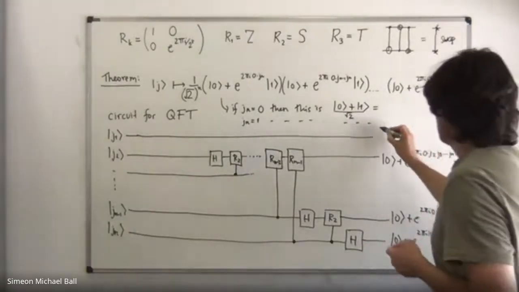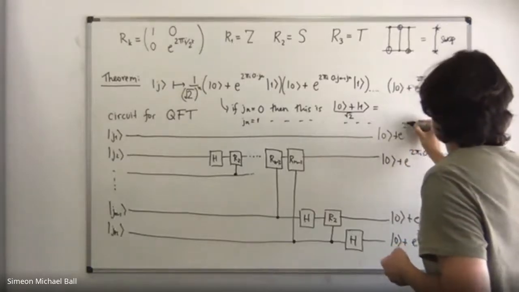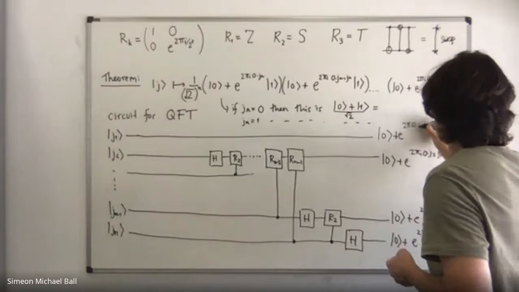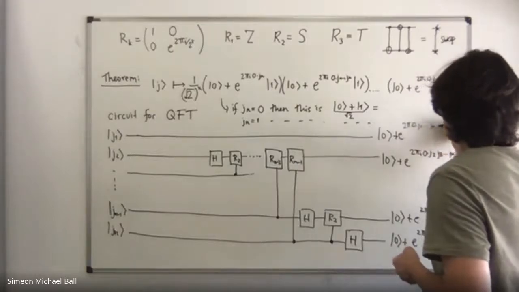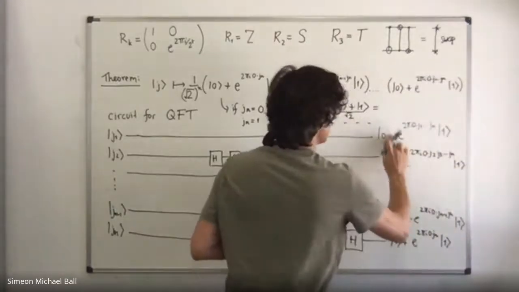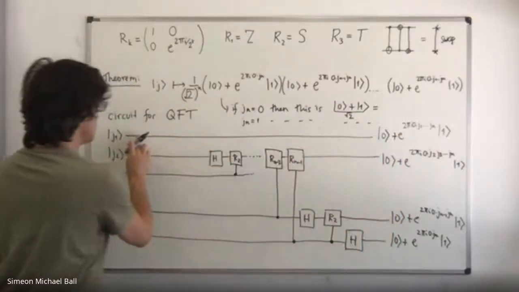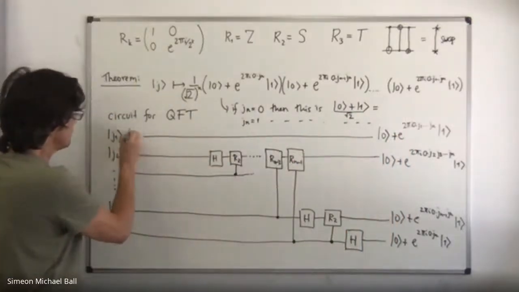And so finally, to get this 0 plus e to the 2 pi i 0.j_n, I'm going to need to start off with a Hadamard.